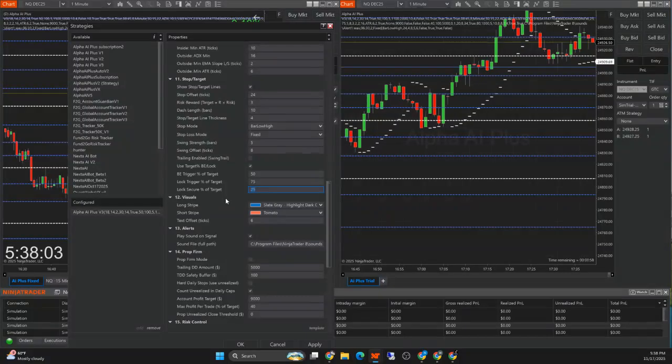So even if the market goes 75% in your favor and pulls back down, you've already secured 25% of the profit, which we can tweak and change.